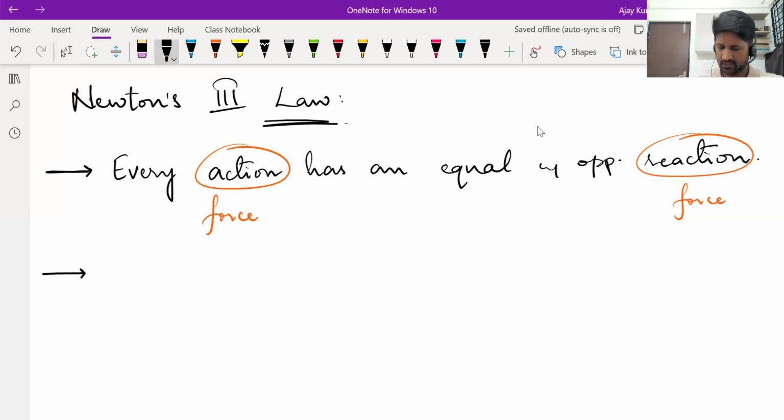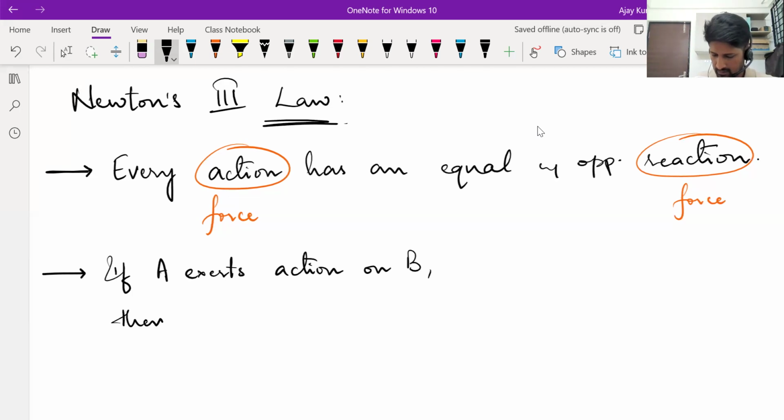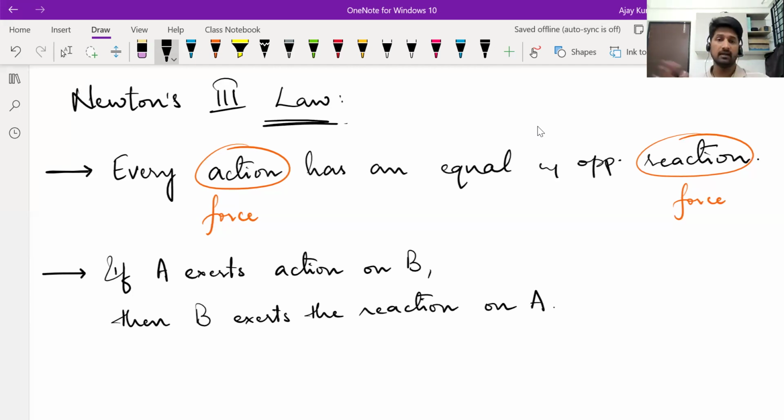Some other things you need to note are, see, action, as I said, is a force. Now, force is exerted by one object on another object or by one particle on another particle. So if A exerts the action force on B, then B exerts the reaction force on A. Action and reaction don't act on the same object.